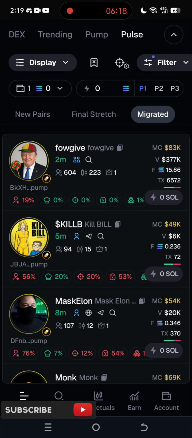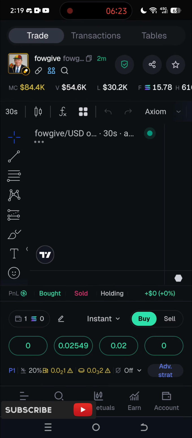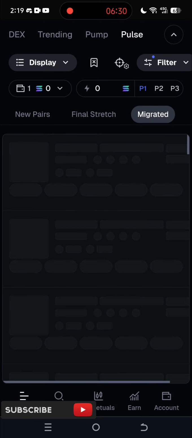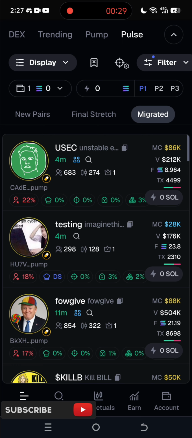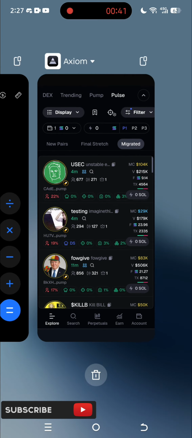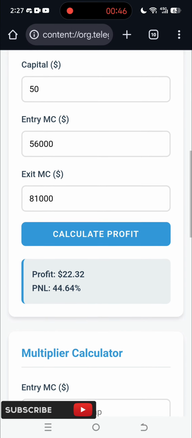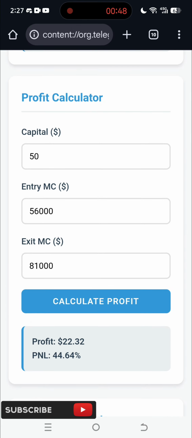I just need to watch what point they are going to dip to, to give you an entry that will give you like a 50%, 100% or 20% profit. If you're just focusing on that 40%, we should do that, which is you are trading $50 and you make $22.